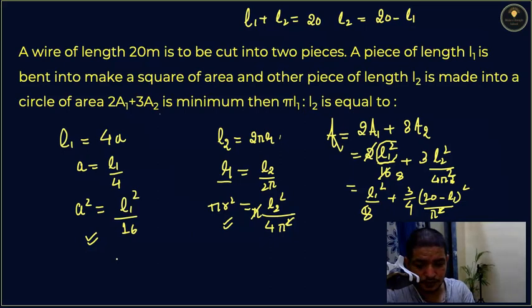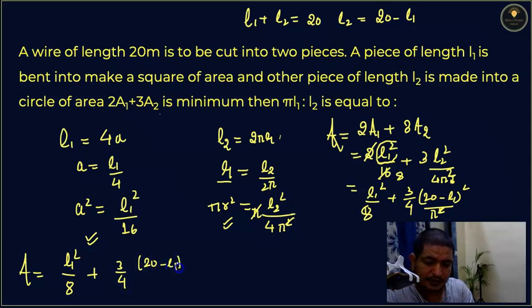Now we have the area, which is given as L1 squared by 8 plus 3 by 4 into 20 minus L1 whole squared by pi. I can write it like this. Now we will differentiate A with respect to L1, because L1 is our variable.